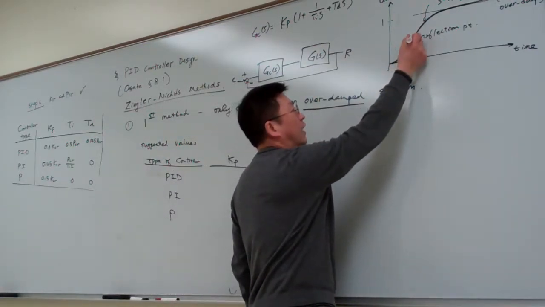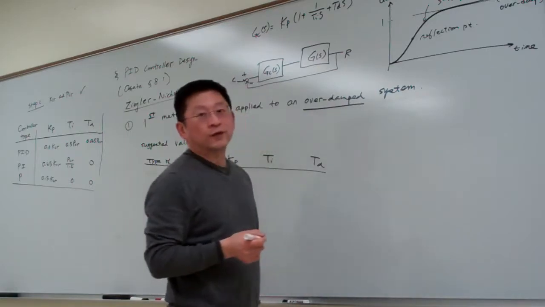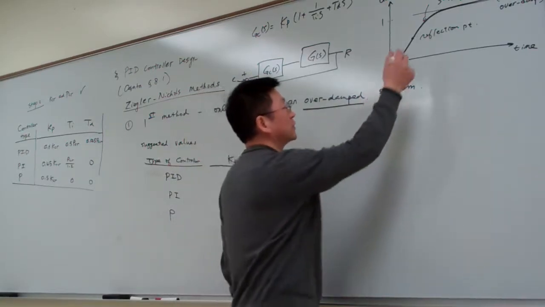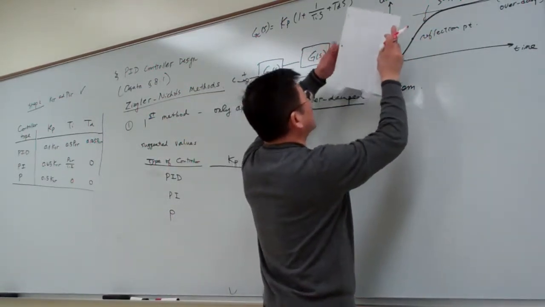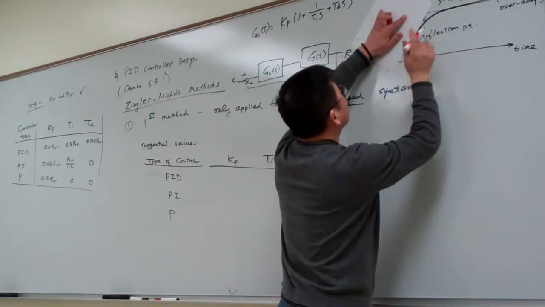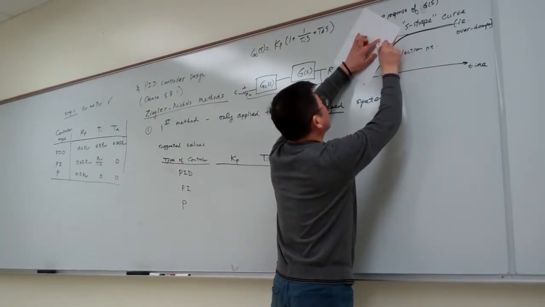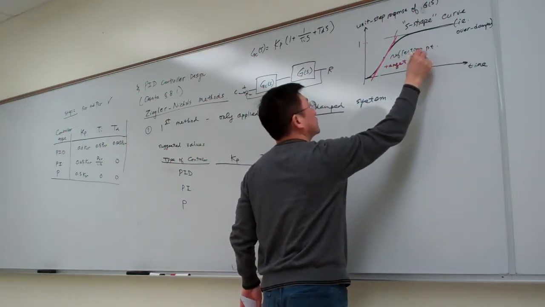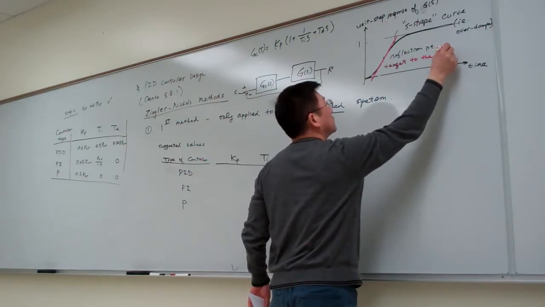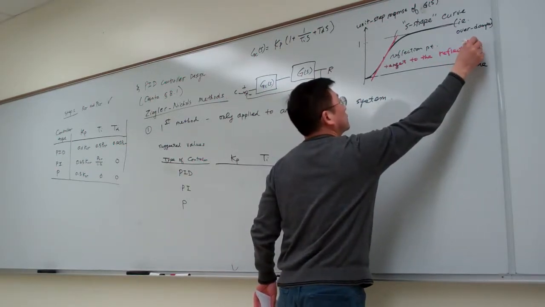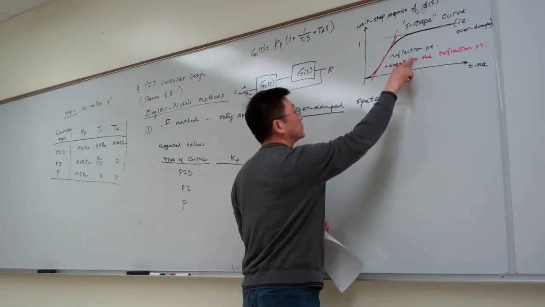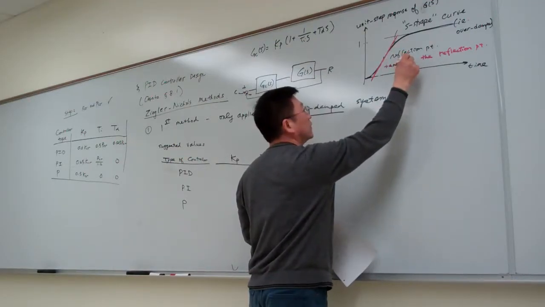If you are able to identify the reflection point, then from the reflection point you simply draw the tangent line. So this is tangent to the curve at the reflection point.